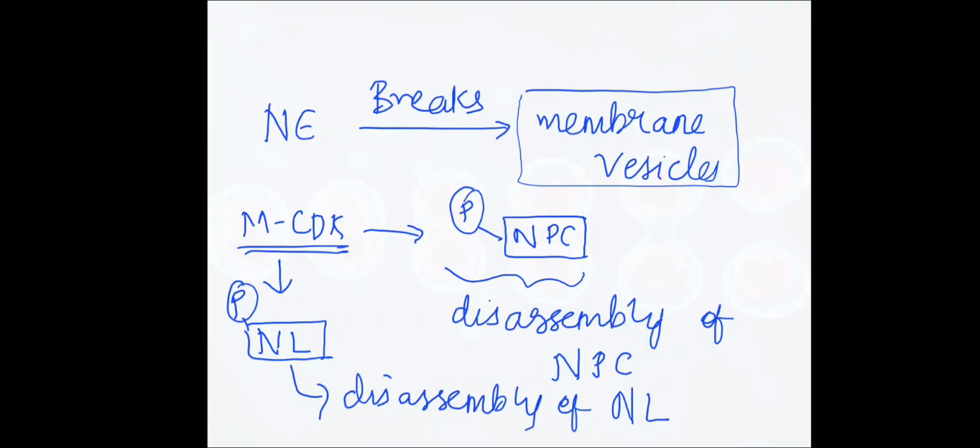So here there is disassembly of NPC, the nuclear pore complexes, and disassembly of NL, the nuclear lamina, by mCDK phosphorylation. The phosphorylation of both these will lead to complete breakdown of the envelope membrane into small vesicles. So in most cells, disruption of the nuclear envelope marks the end of the prophase of mitosis.